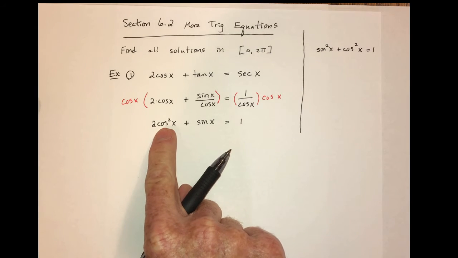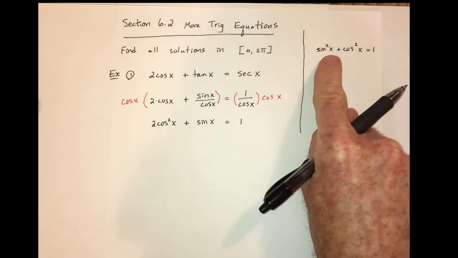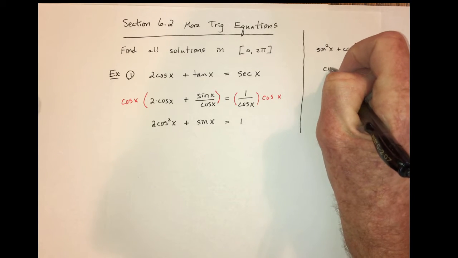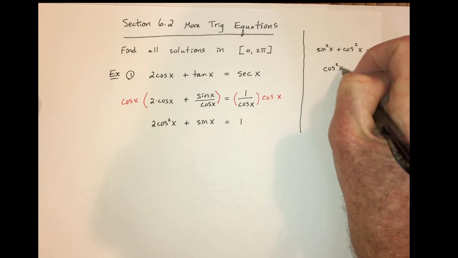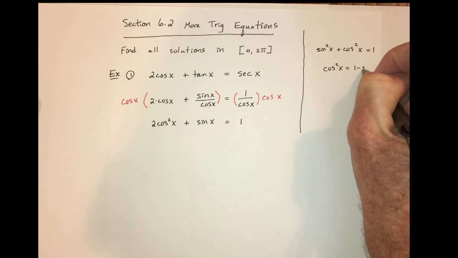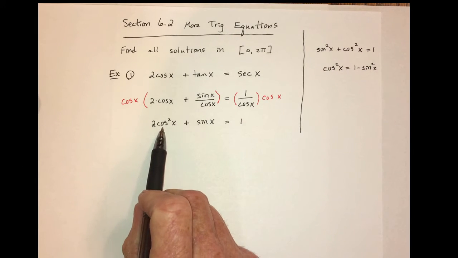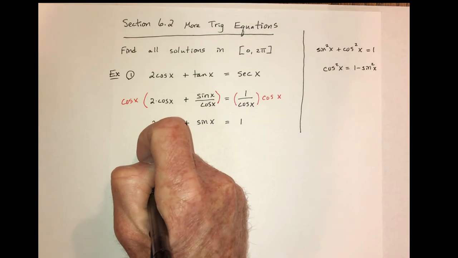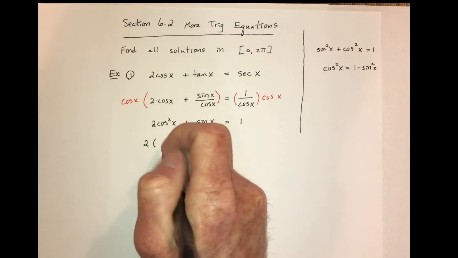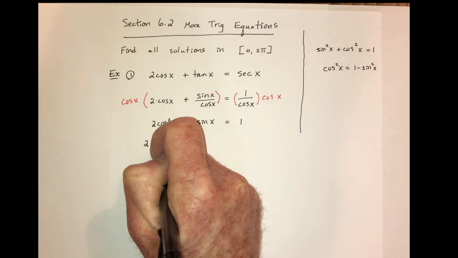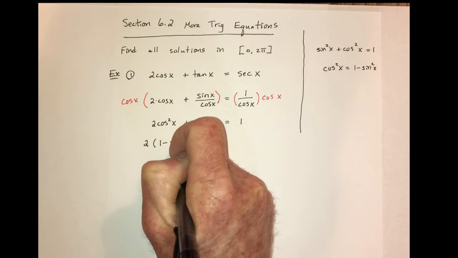Then if I want to know what cosine squared equals, subtract sine squared from both sides, so cosine squared equals 1 minus sine squared. And that's what we're going to use right here. There's still going to be the 2 in front of it, but then cosine squared gets replaced with 1 minus sine squared.